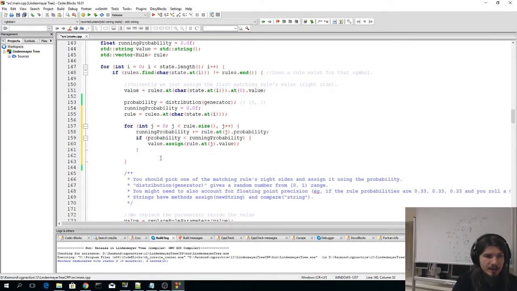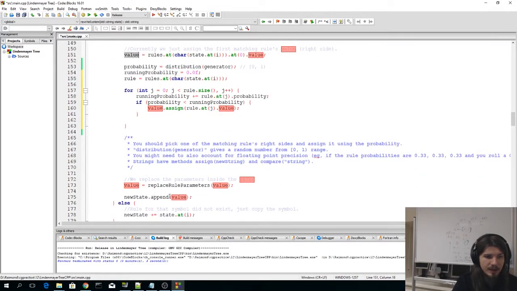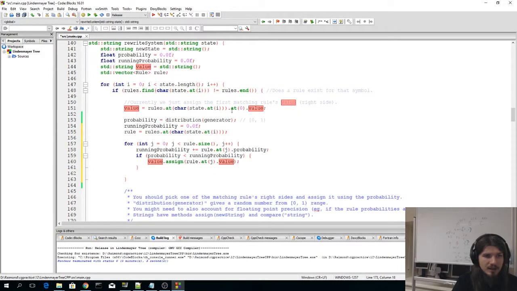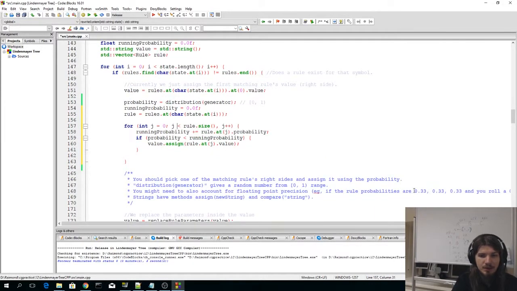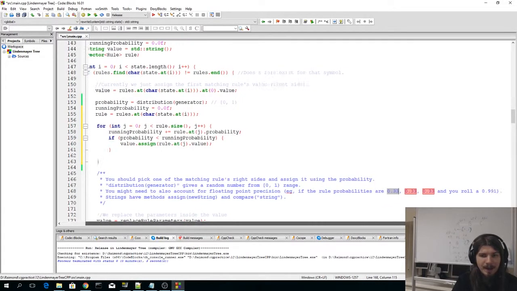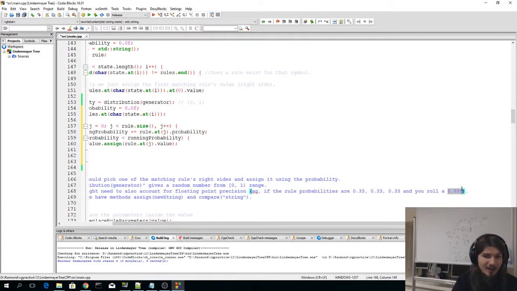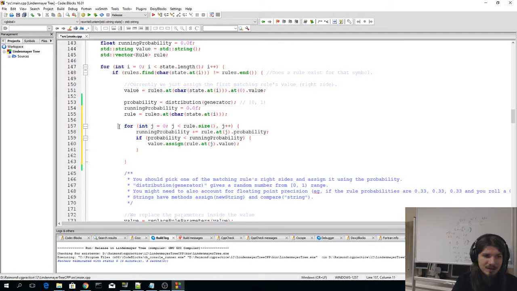Okay, and one thing we also need to check. So initially this value that's appended to the new state, it gets the first rule that's possible. So that's, I think it's fine. We could take the last rule. The problem might be that if we have written some probabilities to the rules like 0.33 and then roll 0.991, then no rule would get assigned in this loop.